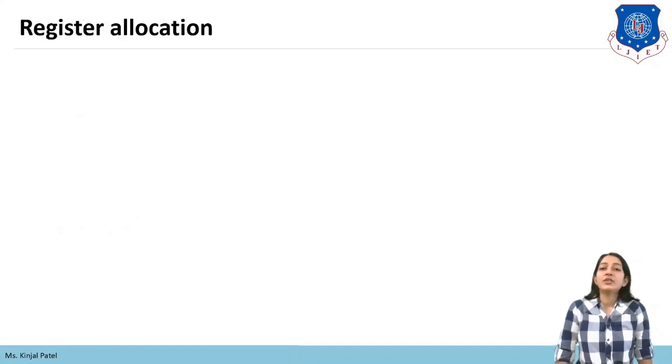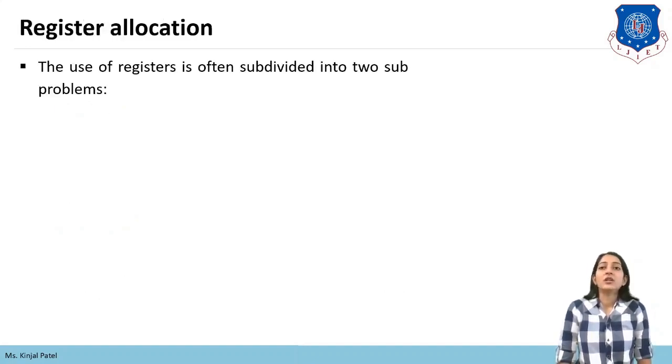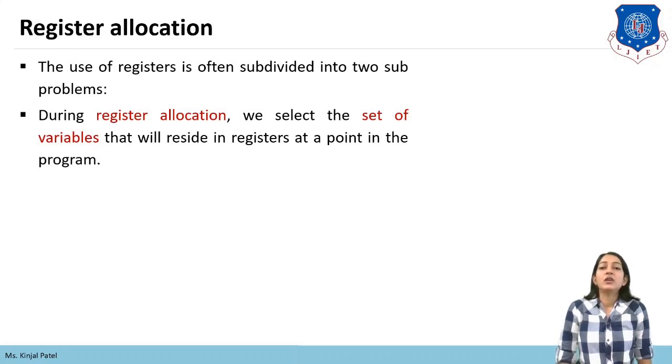Now the fifth issue is register allocation. The use of registers is often subdivided into two sub-problems: register allocation and register assignment. The first problem is register allocation. During register allocation, we select the set of variables that will reside in registers at a point in the program.